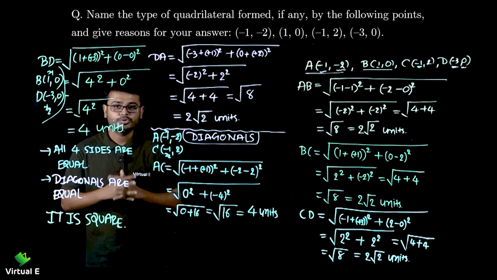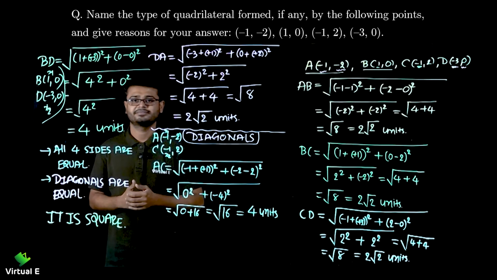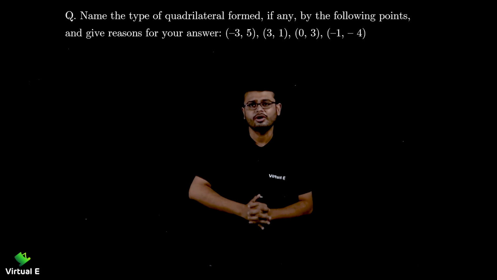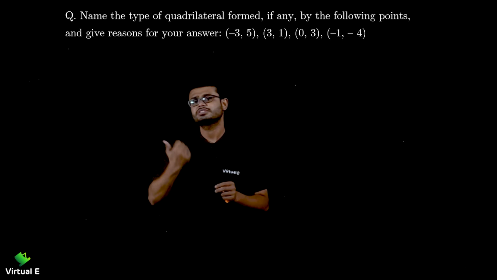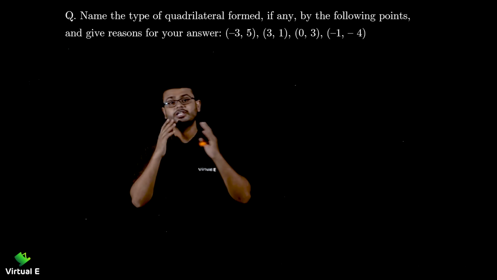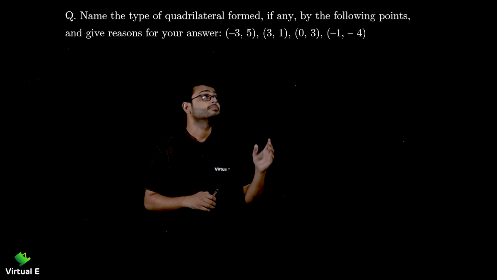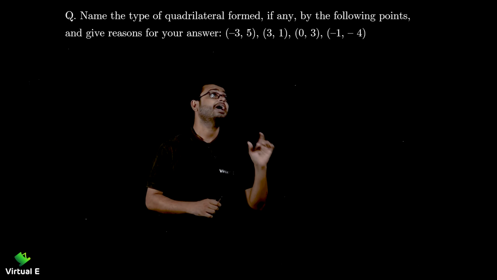We are going to do one more question and let's see what kind of shape we get. Let's discuss one more question of identifying quadrilaterals. We've done the previous question, the answer was square. Let's see what we are getting in this question. Let's read the question first. Name the type of quadrilateral formed, if any.